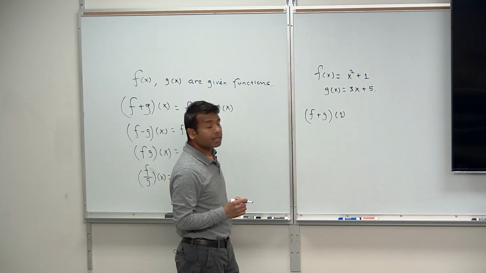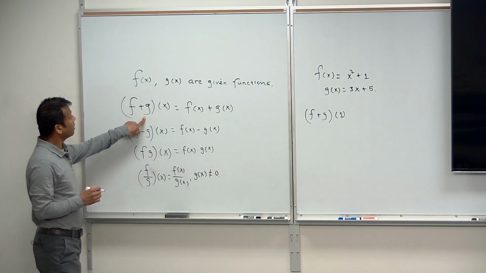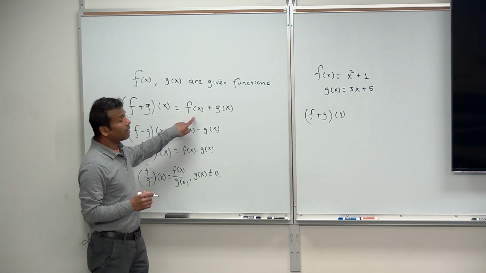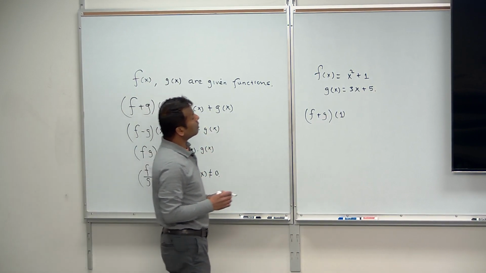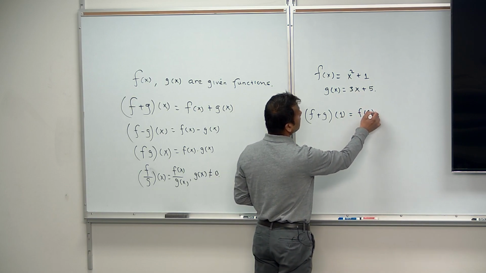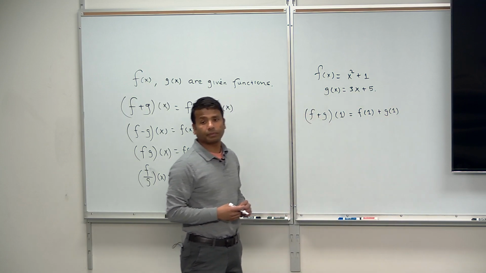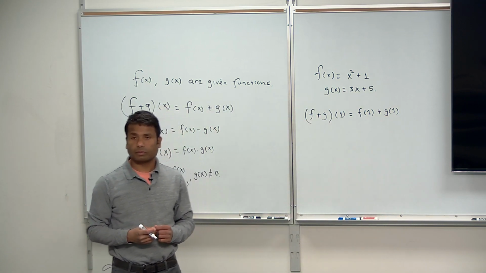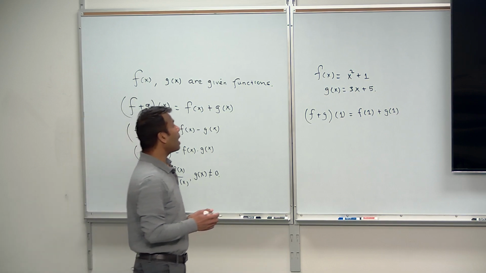And look at the definition. If you have (f plus g)(x), this is the same as f(x) plus g(x), right? So (f plus g)(1) will be the same as f(1) plus g(1). You got it?